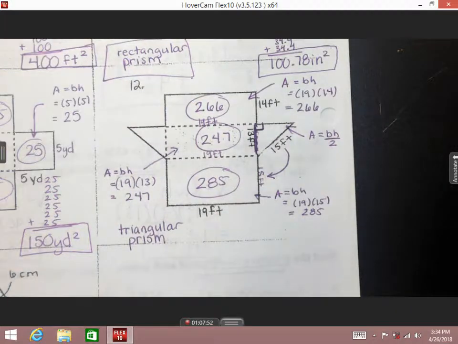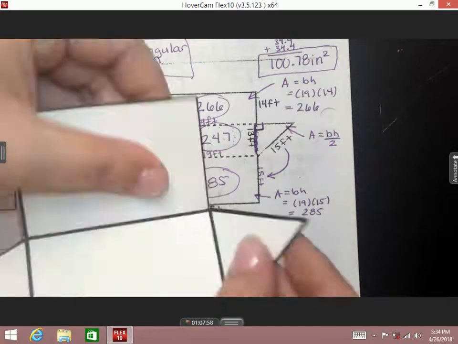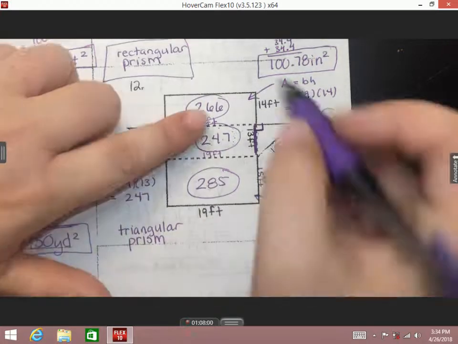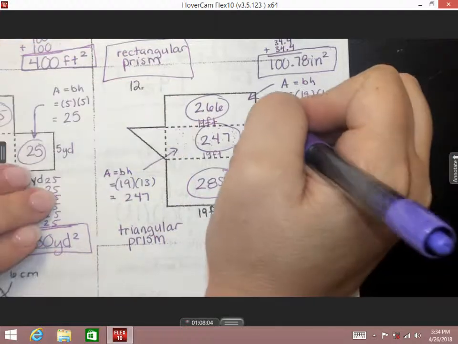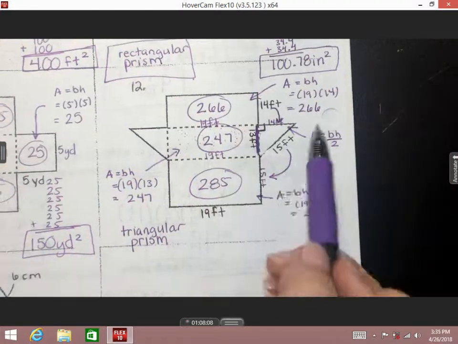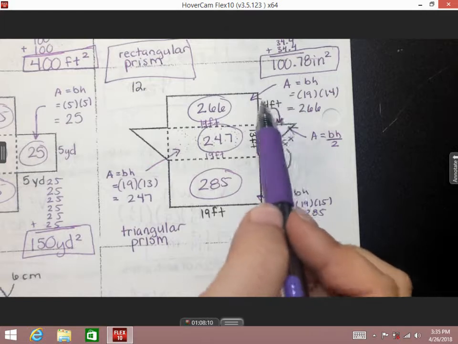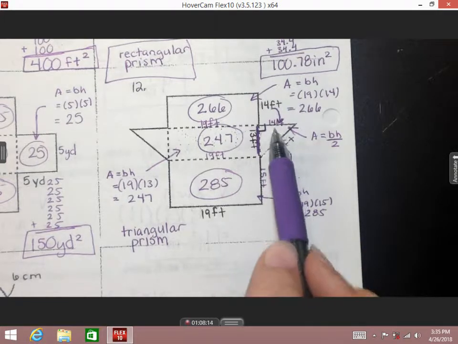And again, going back to how that triangle and rectangle, when I put them together, remember those two are going to fold up together. So I know this 14 feet is also going to fold together as that side of the triangle. Okay? So again, remember these two are going to fold together when I fold that up to make the shape. All right, so that's where I got the 14.